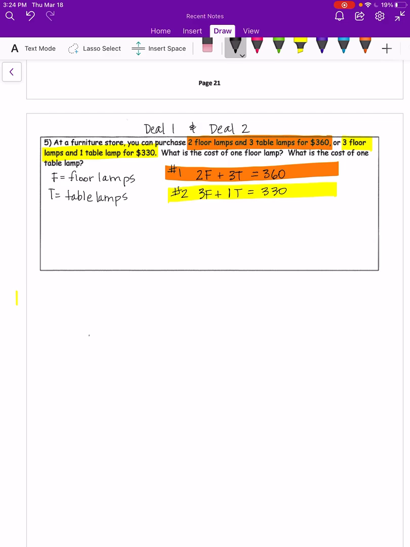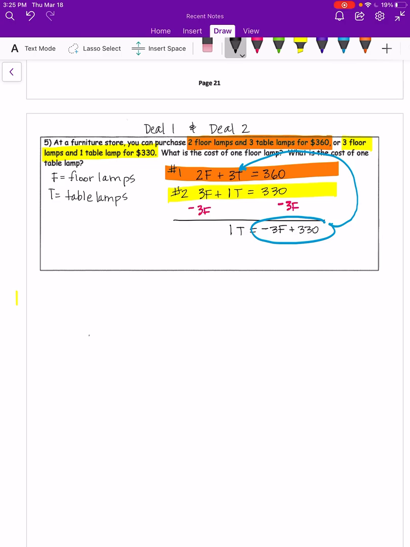It kind of looks like an elimination, but nothing cancels. But I can take that second equation and isolate it. So I'm going to subtract 3F to the other side and come up with 1T equals negative 3F plus 330. And so now I can take all of that and put it into that first equation where I have T. And I can't put it in the second equation because that is the second equation that I manipulated.